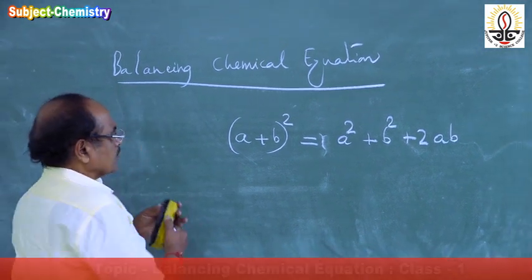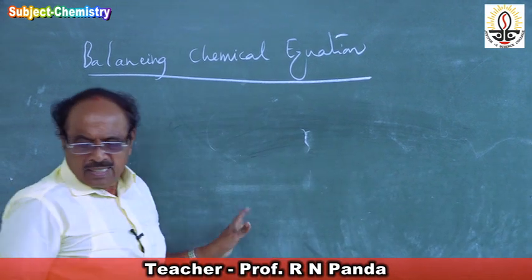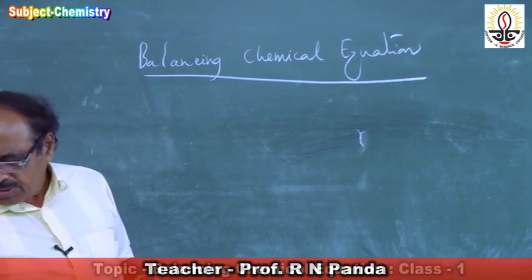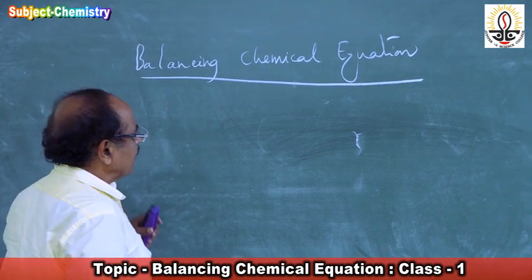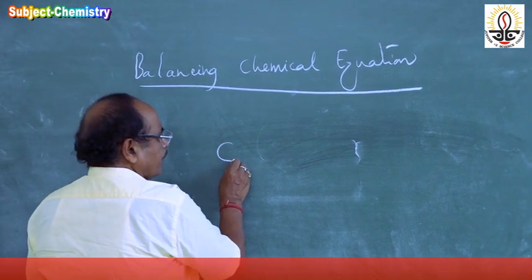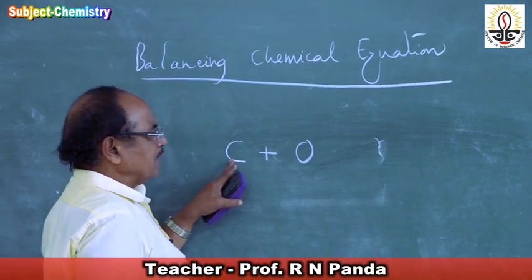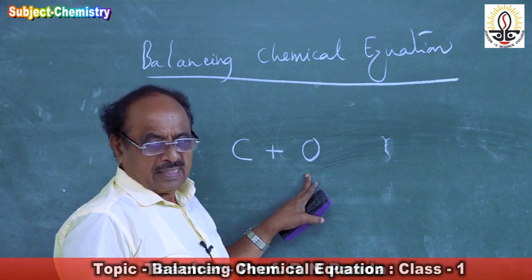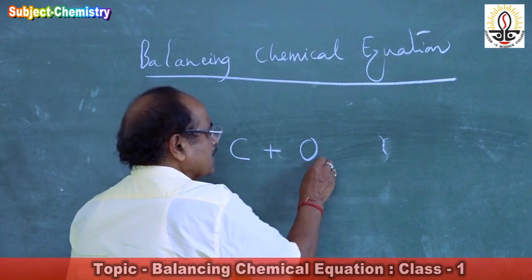We take the substances and they undergo a change and they produce a product. The example I am giving you, suppose we take carbon and we take oxygen. Now carbon is an element, oxygen is an element, and oxygen is a gas.